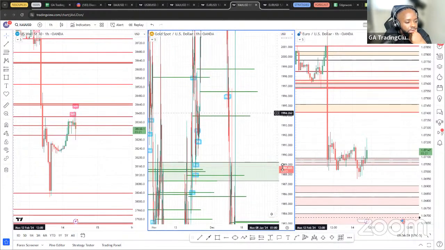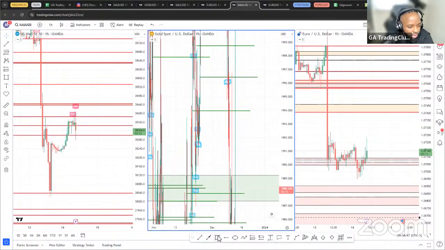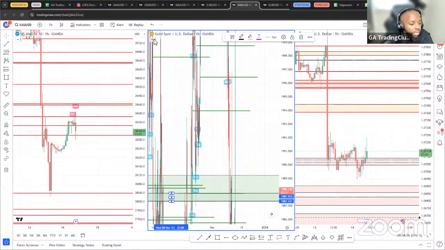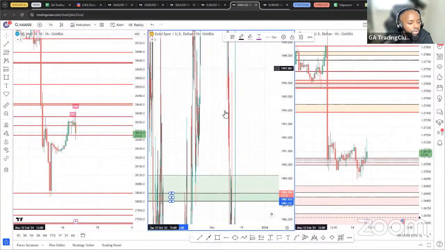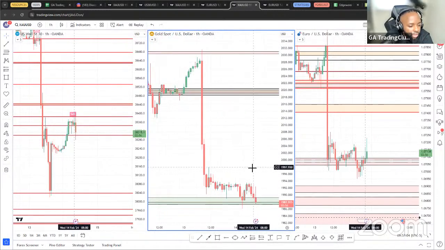Actually, we do. 1988.5, 1988. So the most optimal double SAR is this one right here, 1987. So if I go back and turn that off, we'll probably get a better view of it. Reset.